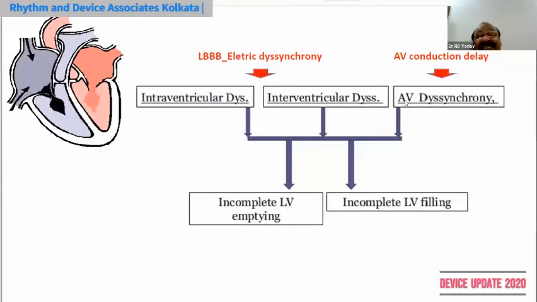Left bundle branch block on ECG, that is electrical desynchrony, is the most common reason for selecting a CRT or CRT-D patient, because it leads to intraventricular, interventricular and atrioventricular desynchrony, particularly if the PR interval is prolonged, which ultimately leads to incomplete LV emptying and incomplete LV filling.